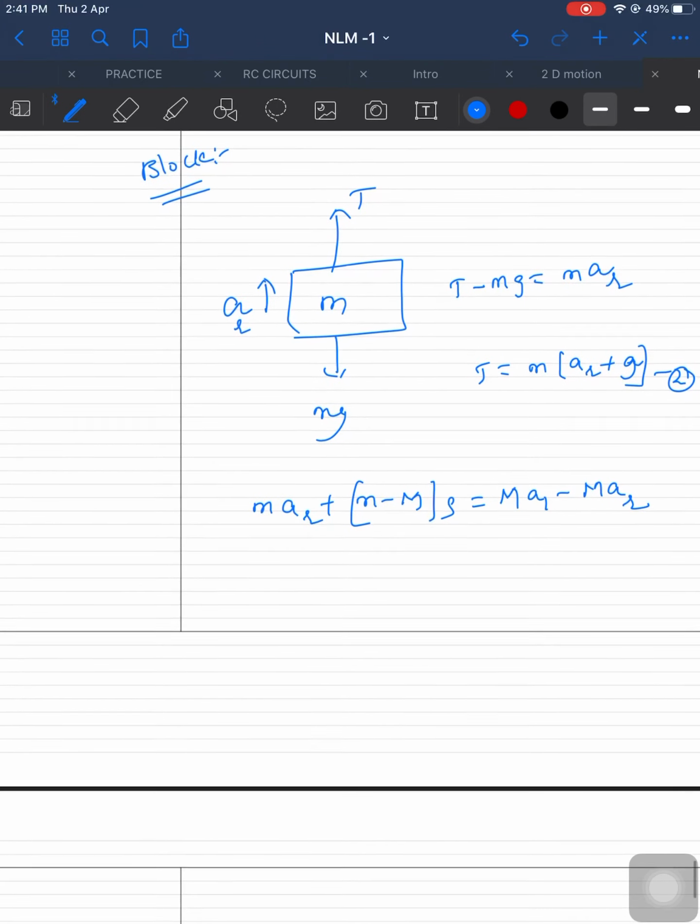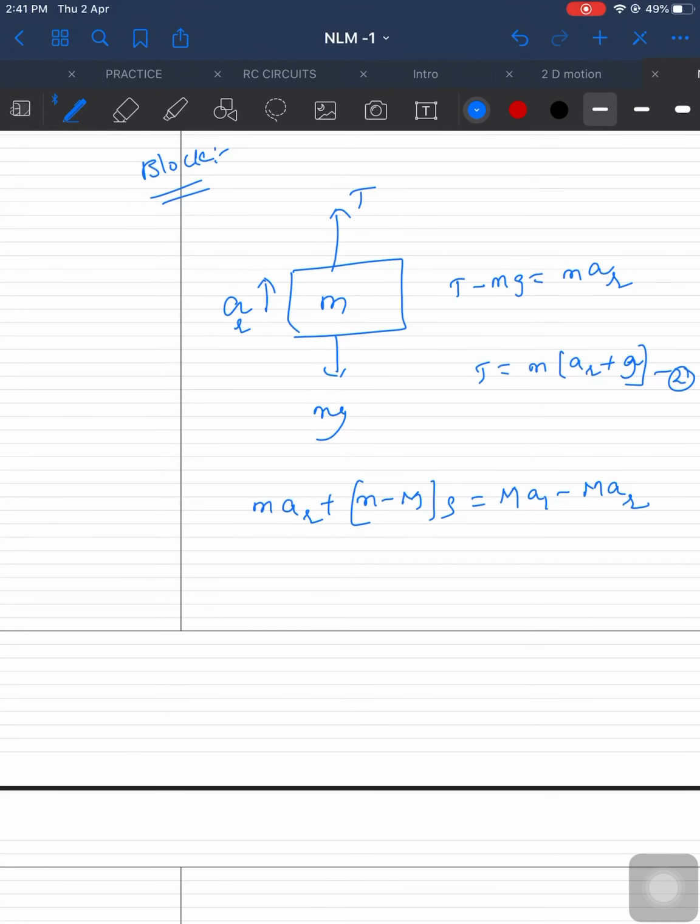The question asked us to find the acceleration of the rope, which is nothing but the acceleration of block. Small m plus capital M into AR is equal to capital M a1 minus small m minus capital M into g.